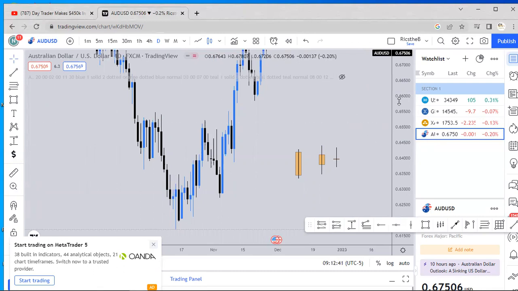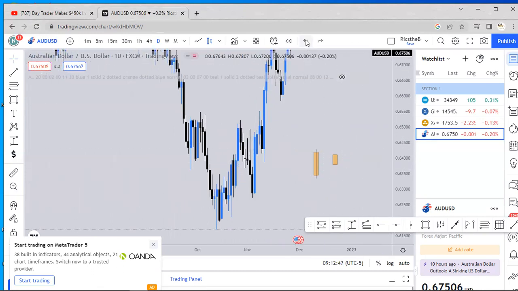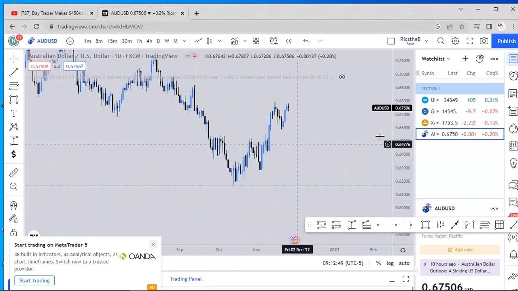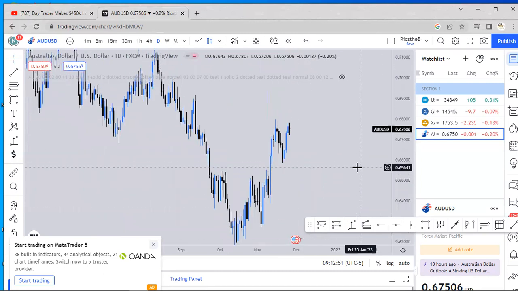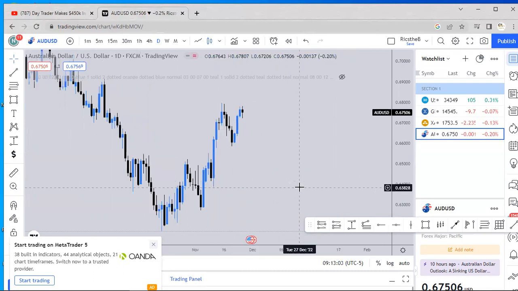So if you really want to understand momentum, it's really important for you to be able to read single candlesticks. For instance, if we look at this, we can clearly see there's so much volume to the upside based on the candlestick momentum.